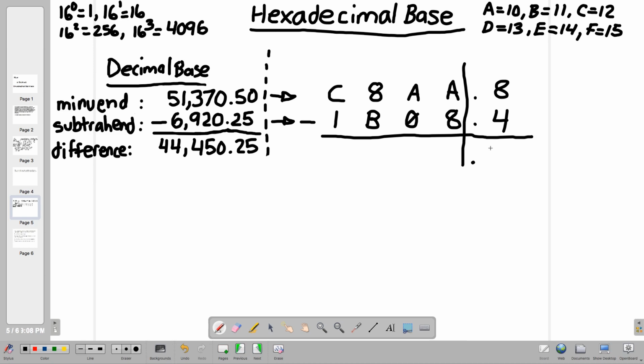Subtract 4, we get the value 4. And let's go to the next significant column. We have A minus 8. And A is a value of 10. So really let's just say this is 10 here. And so 10 subtract 8, we get the value 2.